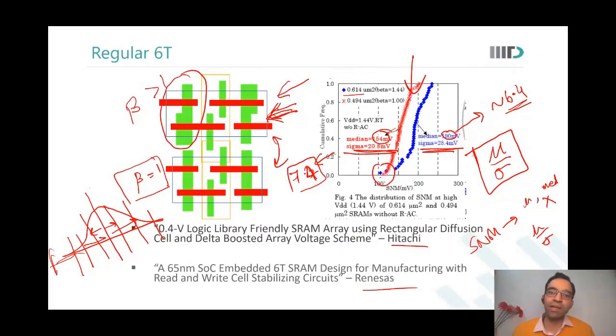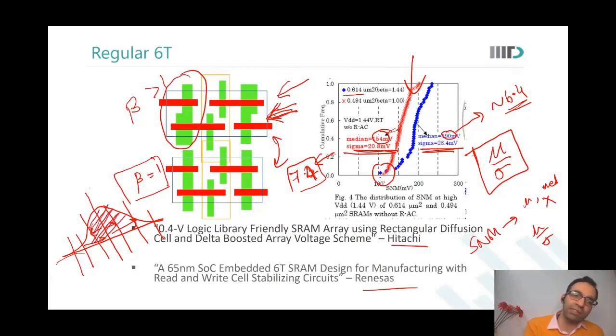Exactly, because see, SNM becomes zero in a way. When it hits zero, SNM becomes zero. So if I am more sigma steps away from zero, it means more sigma of cells is covered without getting SNM to zero. So what that means is I can have more cells. Suppose mu by sigma was 1.